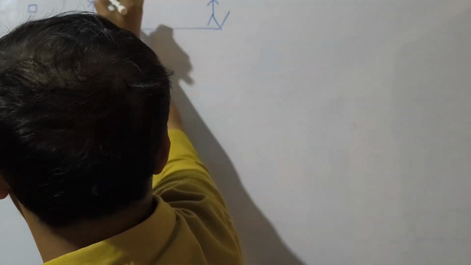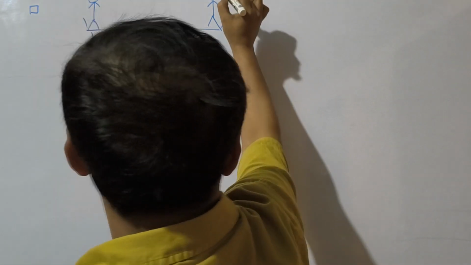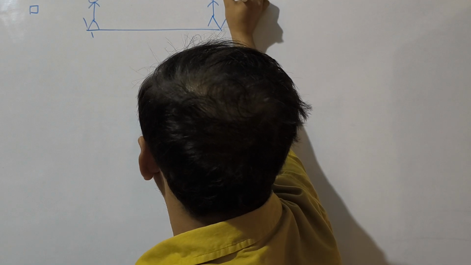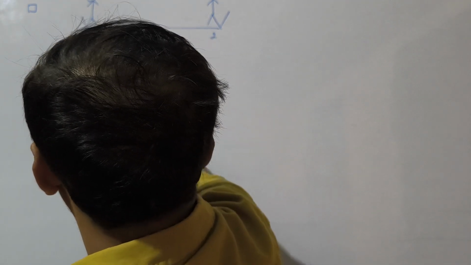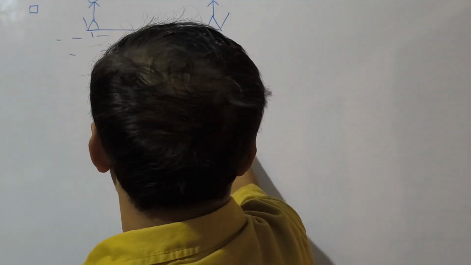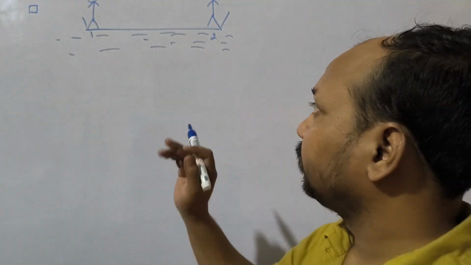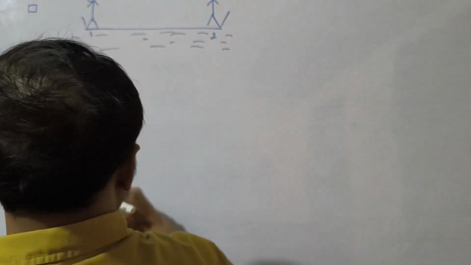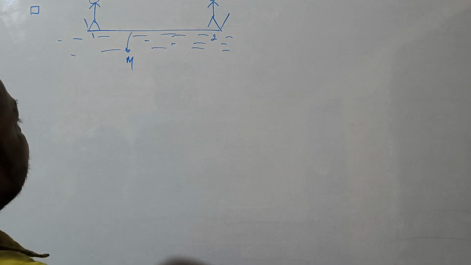Let's say this is M1 at position 1 and this is M2 at position 2, and this is all river. There is no friction between the river and the boat surface.